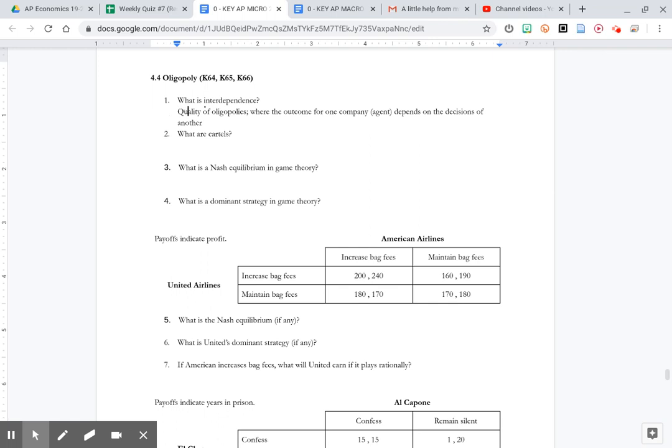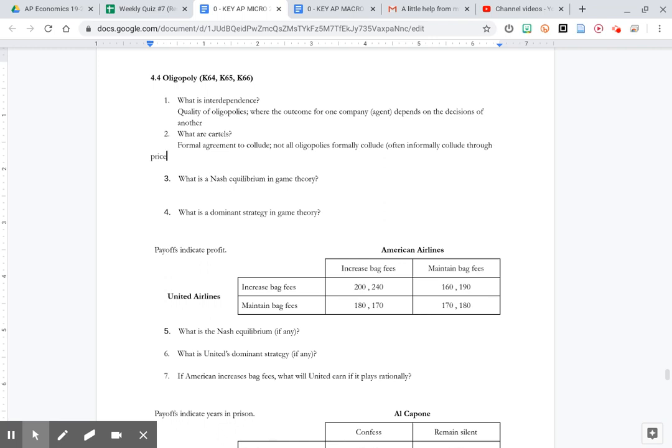So this is the nature of oligopolies, is that they are interdependent. That's a critical requirement. A cartel is a formal agreement to collude. Not all oligopolies formally collude, but they often informally collude through things like price leadership and that sort of thing.